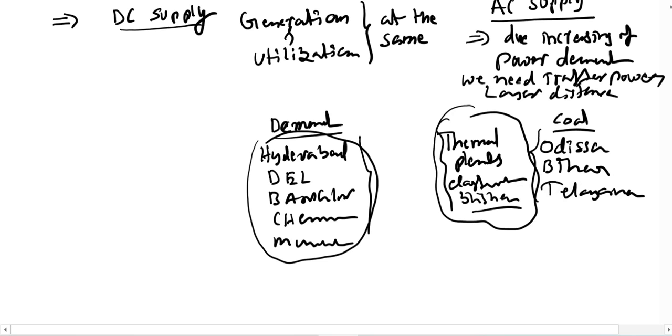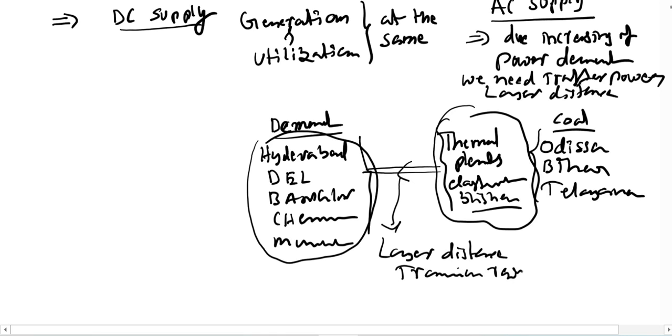But my actual power from Ramagundam NTPC has to be transferred to the rest of the country, to Hyderabad, Delhi, Bangalore and so on. So we need a longer distance transmission, and to do this longer distance transmission, AC is mostly preferable. AC supply is the most economical.